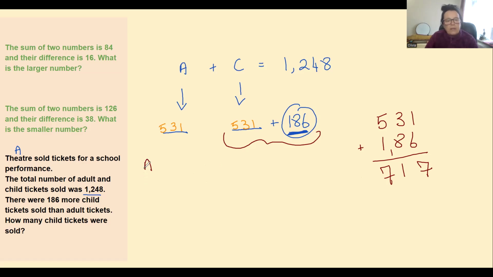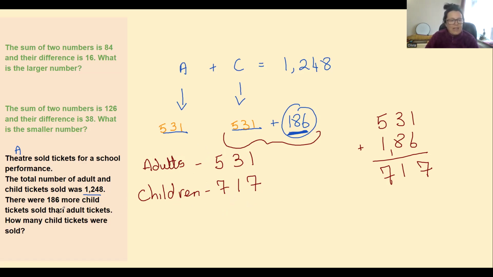So the adults sold 531 tickets. The children sold 717 tickets. And now let's just make sure that these add up to 1,248. So yes, they do.